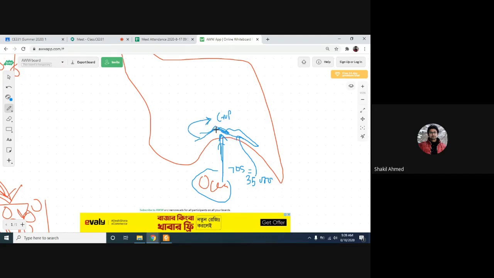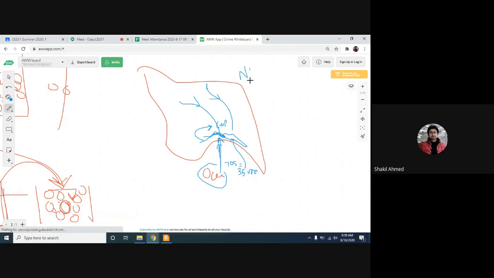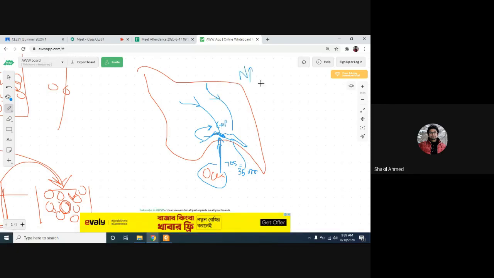You cannot drink this water. So that's a huge problem, and this problem is exacerbated by a process: if you see the Jamuna and these rivers, they are flowing from north to south, from north to south.